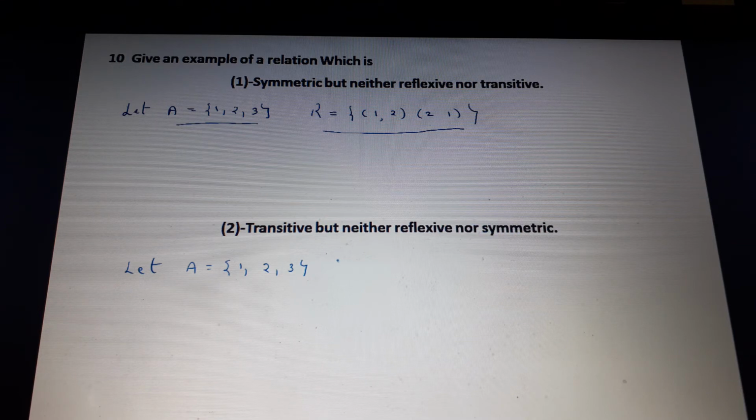So I will take R equal to, say (1, 2), then I will take (2, 3). Then since it should be transitive, with (1, 2) and (2, 3), I will add (1, 3). Now clearly this is transitive. It is not reflexive, (1, 1) is not there, etc. It is not symmetric, very clear, (1, 2) is there, (2, 1) is not there. So this is an example which is transitive, neither reflexive nor symmetric.